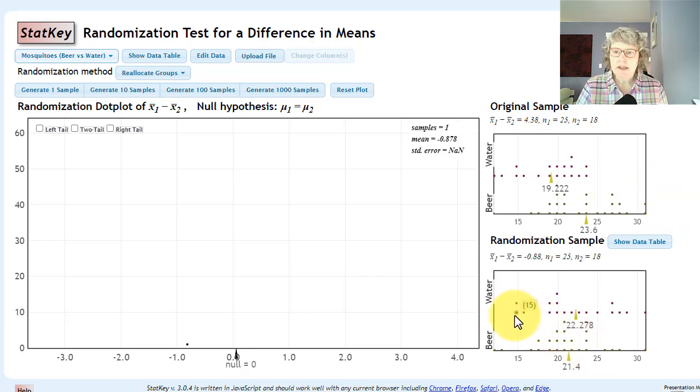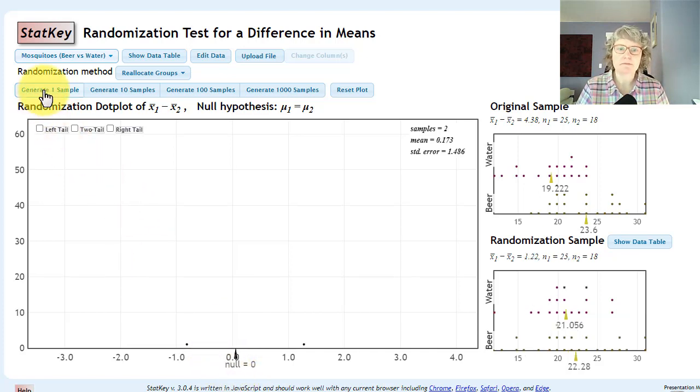You can see the new random assignment, and then they subtract, and it came out negative this time because the beer was actually less than the water. You'll see null equals 0, and we have 0 in the middle of our graph. So we'll be getting negatives and positives. Let's do another sample. Now the beer is slightly higher than the water, and they just reshuffled the 43 people into a group of 25 and a group of 18.